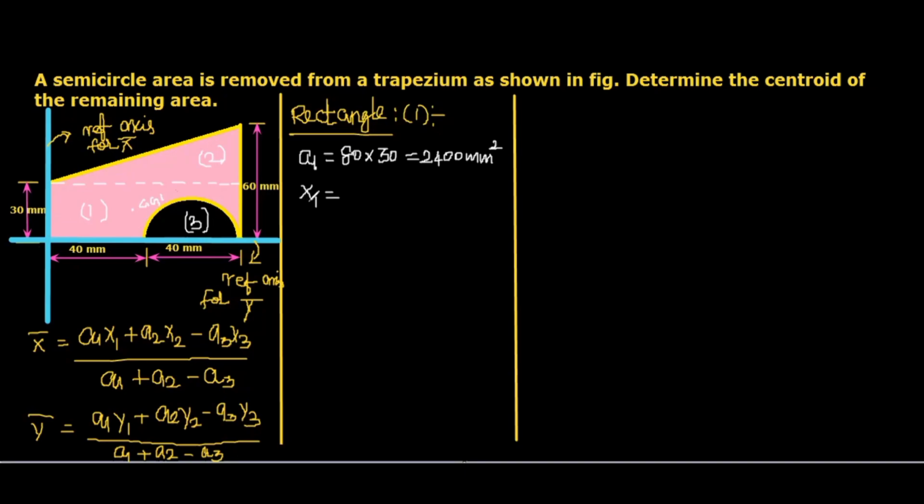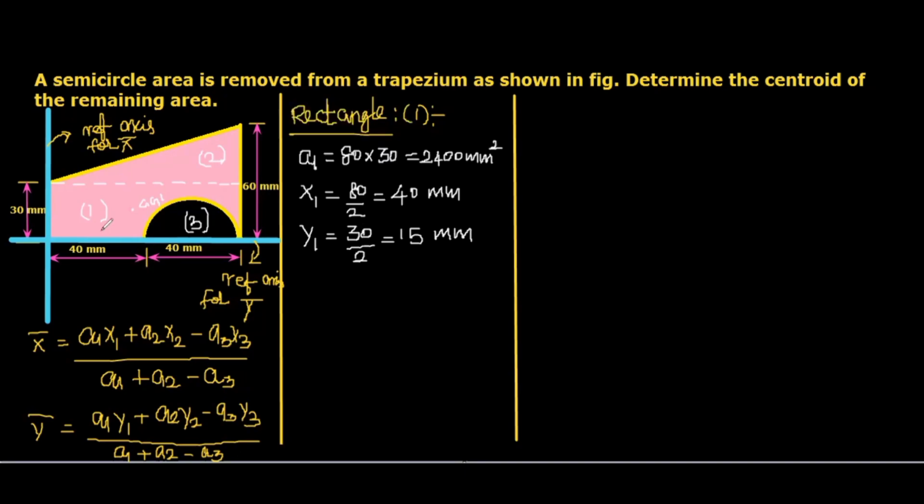So x1 is 40 mm, or the linear dimension divided by 2, 80 by 2, that is 40 mm. Then y1 will be 30 by 2, which is equal to 15 mm.